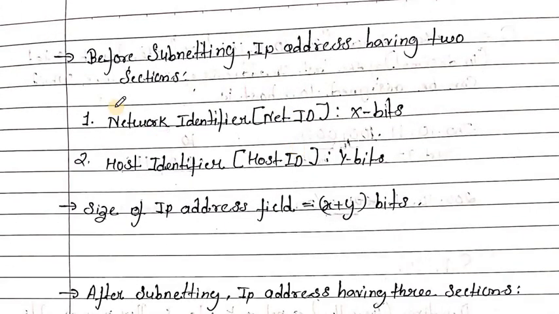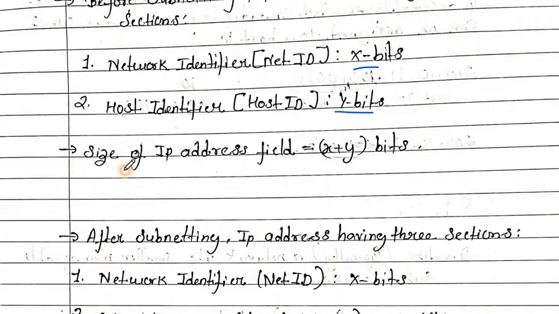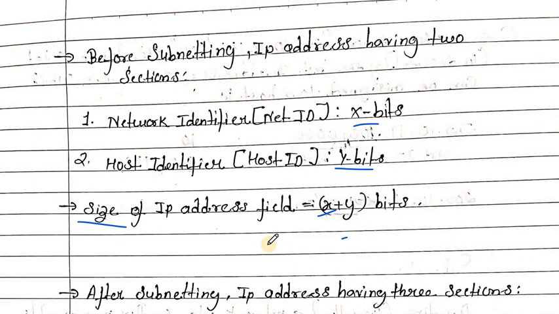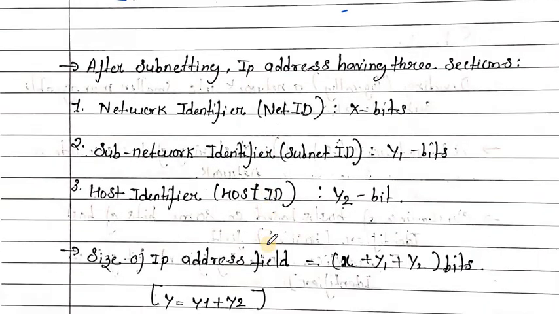Before subnetting, what is the IP address? There are 2 parts of the IP address: network identifier and host ID part. The network ID is X bits and the remaining Y bits are the host ID. So the size of the IP address is X plus Y bits. But after subnetting, what happens? After subnetting, there is the network ID and the subnetwork identifier.